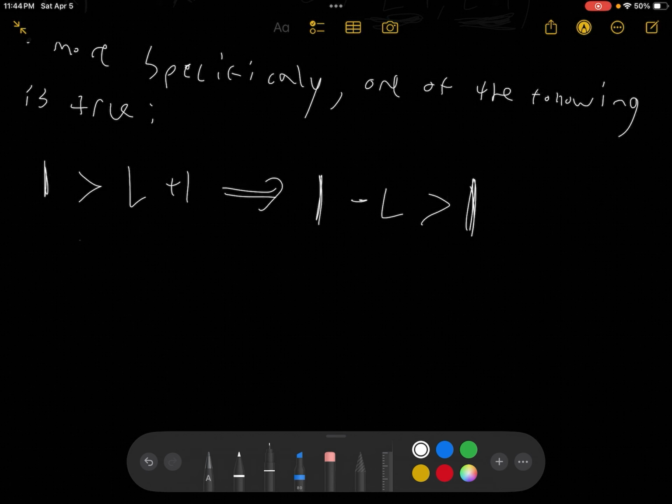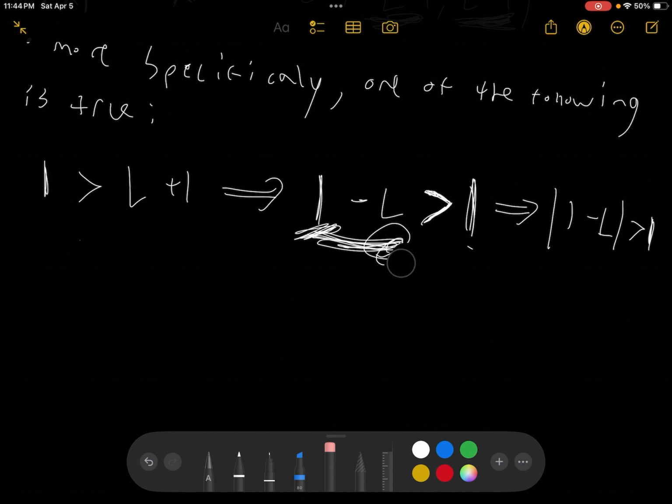Starting with the first one, we know that this implies that 1 minus L is greater than 1, which implies that the absolute value of 1 minus L is greater than 1. And the reason why we can do this last implication is because right here we've said that this expression right here is positive.